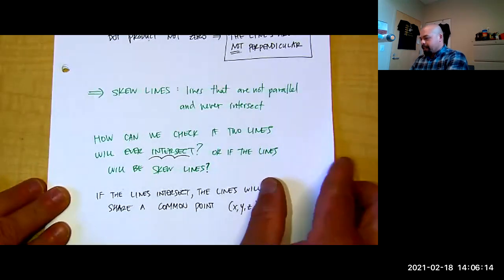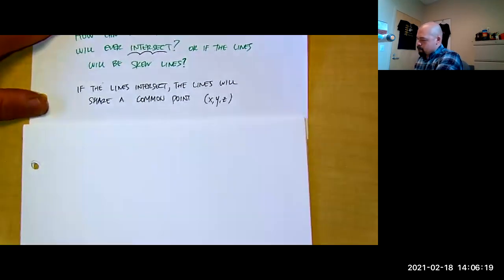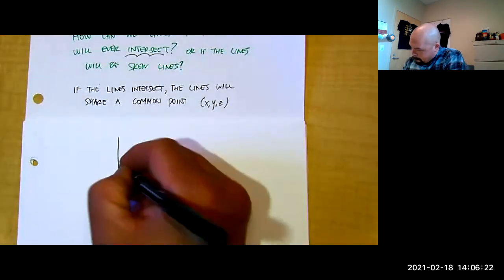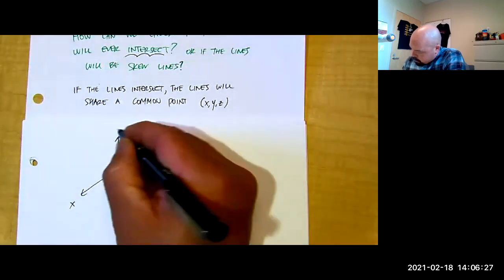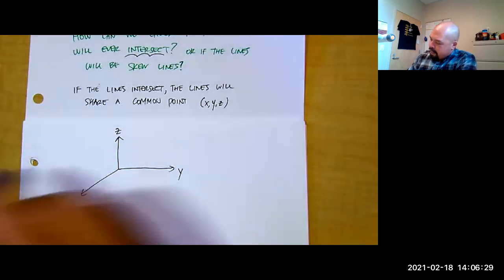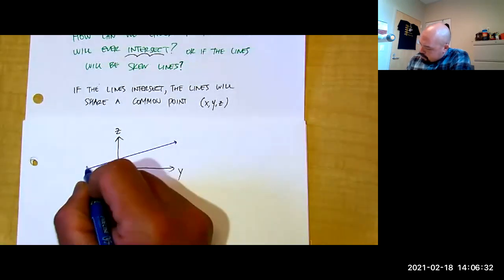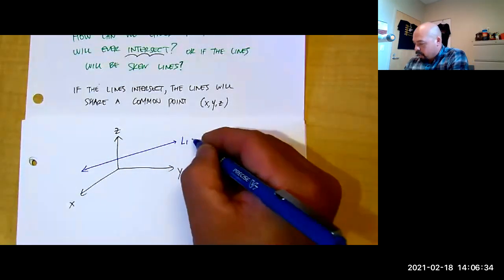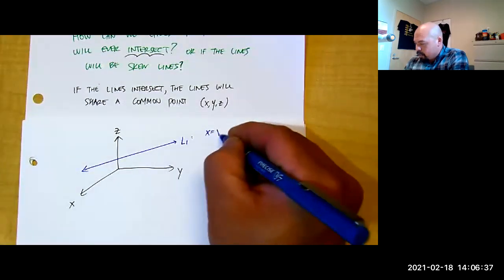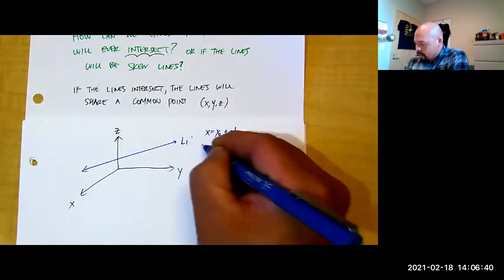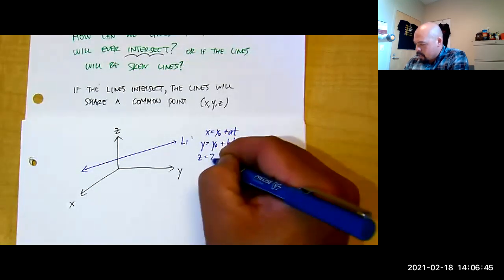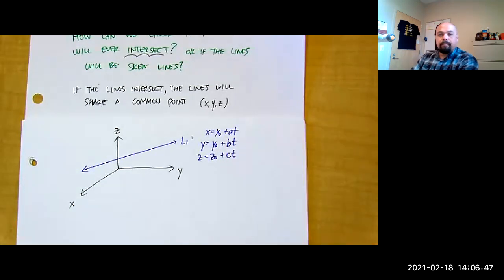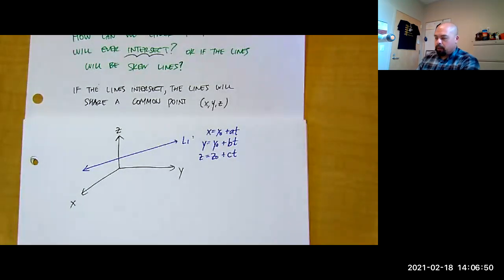So now, in that discussion, kind of like what we had before, if I can draw this, you might have this first line with our parametric equations, some initial point.